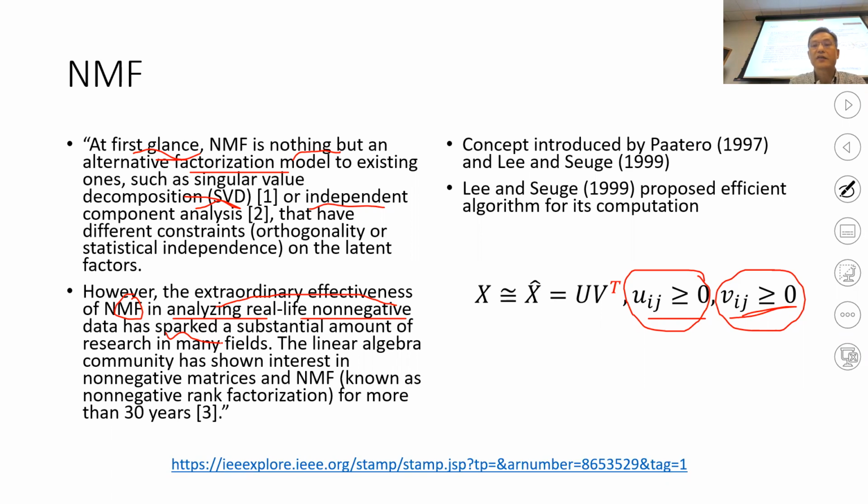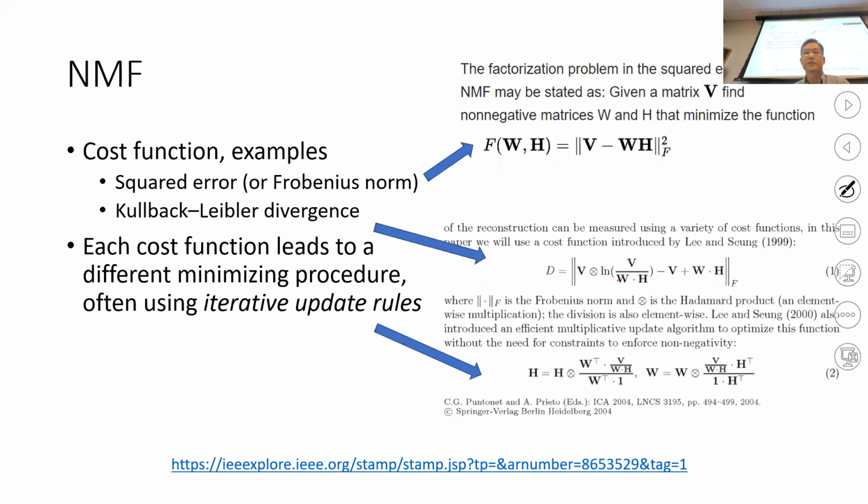Okay, mathematically, you have an input X matrix, and you want to approximate it by using the product of U and V, where V is transposed. So with NMF, you actually run optimization under the hood.